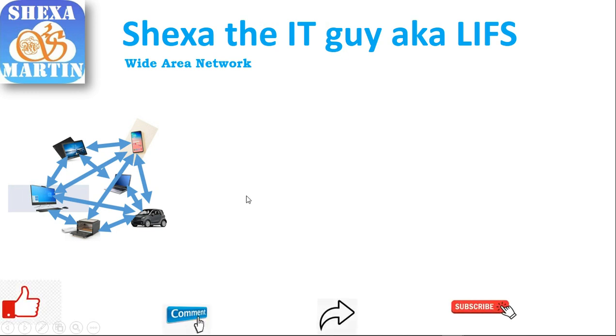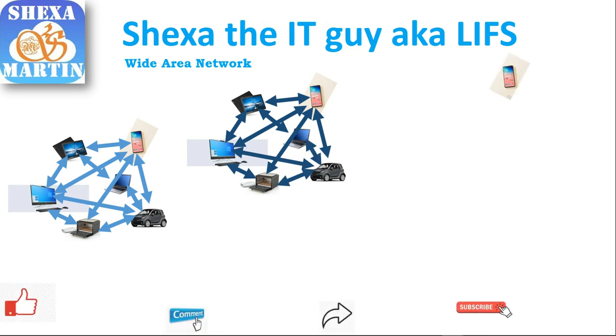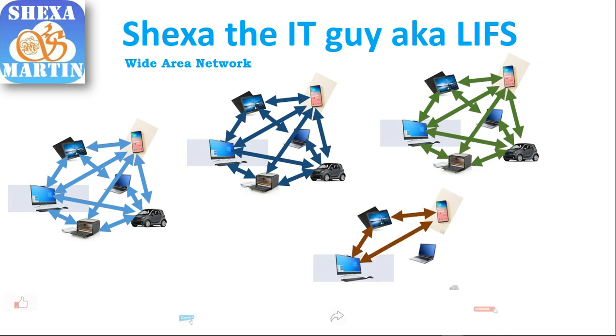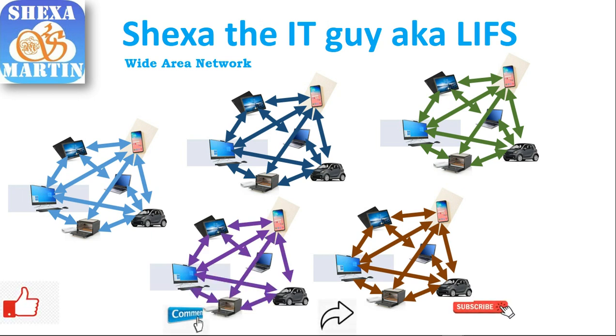This is a local area network for one organization, and then we have another one here for another organization, and another, and another. But now these are independent local area networks, each for a different organization.